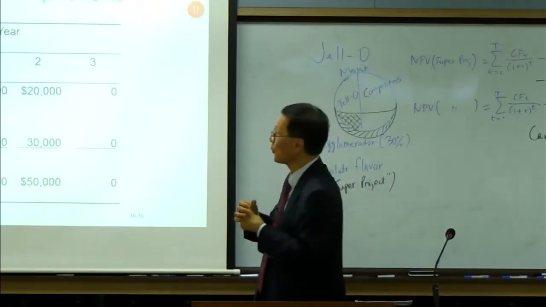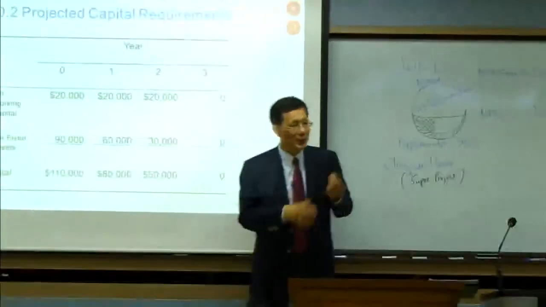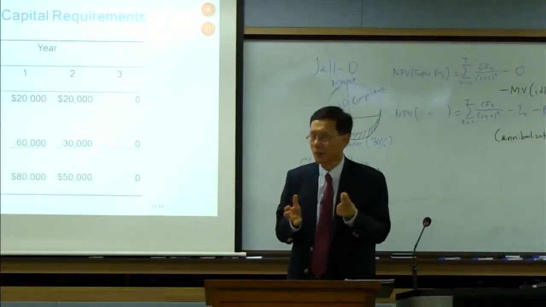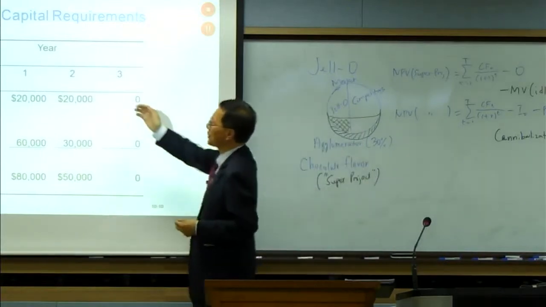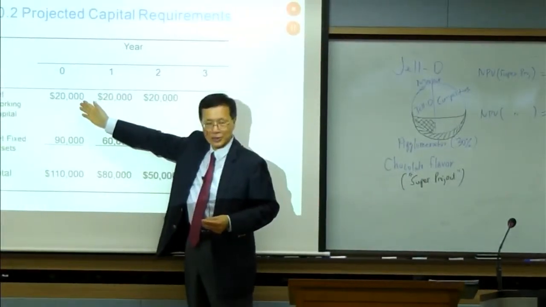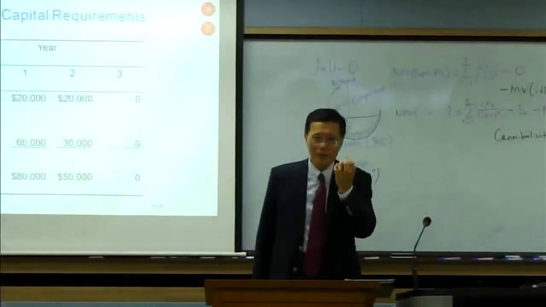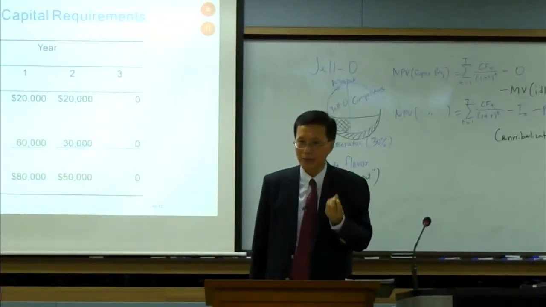And these are called net working capital. So net working capital of $20,000 is needed at the beginning of the project life, in year 0, and $90,000 of fixed assets at time 0.